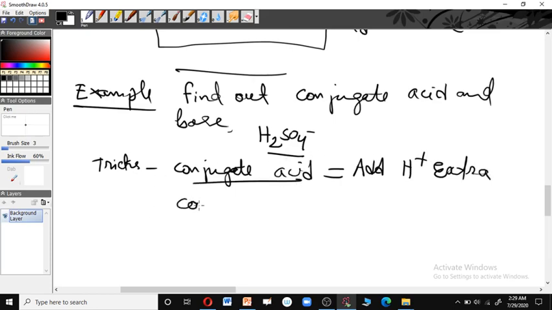And to get the conjugate base, you eliminate 1 H.